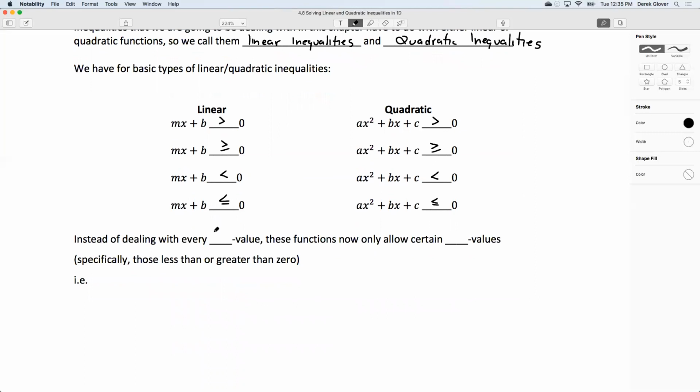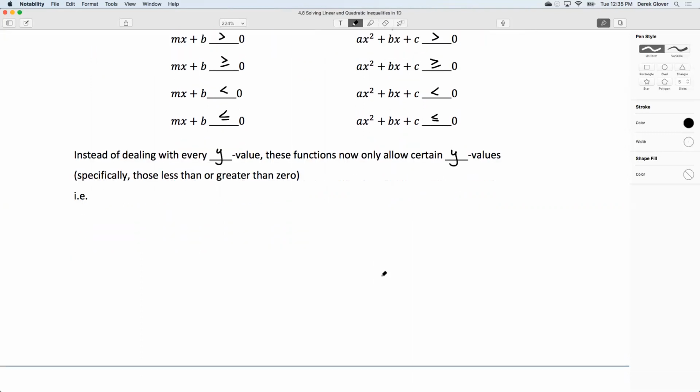Instead of dealing with every y value, these functions only allow certain y values, specifically those less than or greater than 0. Okay. So let's say that we had an inequality, something like 2x plus 1 is going to be greater than 0. If we want to figure out what values satisfy that, we're going to have to figure out which x values are associated with a y value of 0.